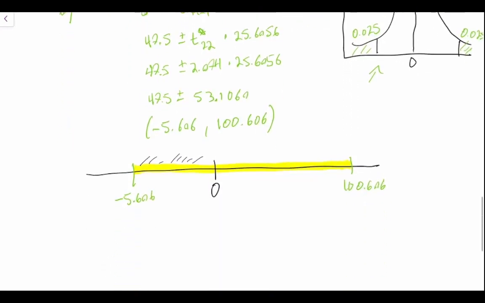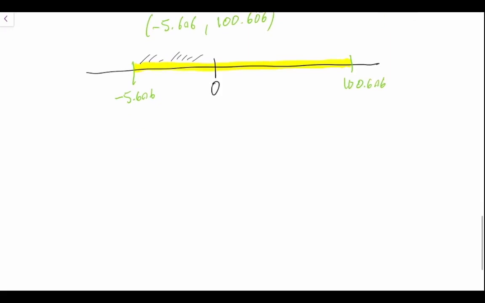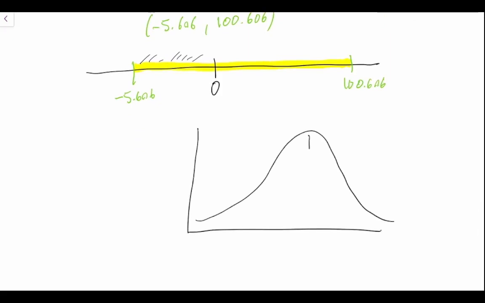So let's just visualize that for a second, because that's perhaps a little confusing. So we have our t, and what we're saying is that we were centered around 47.5. And we got this value here that was negative 5.606, and the other one was 100.606.